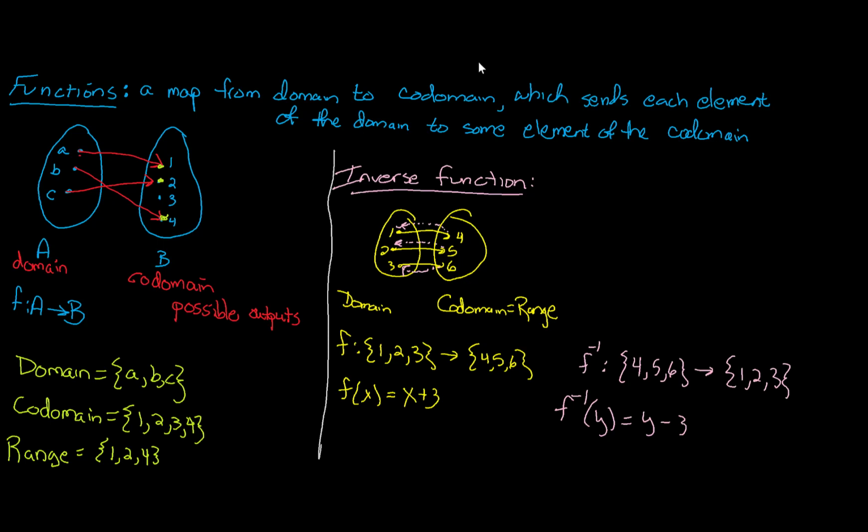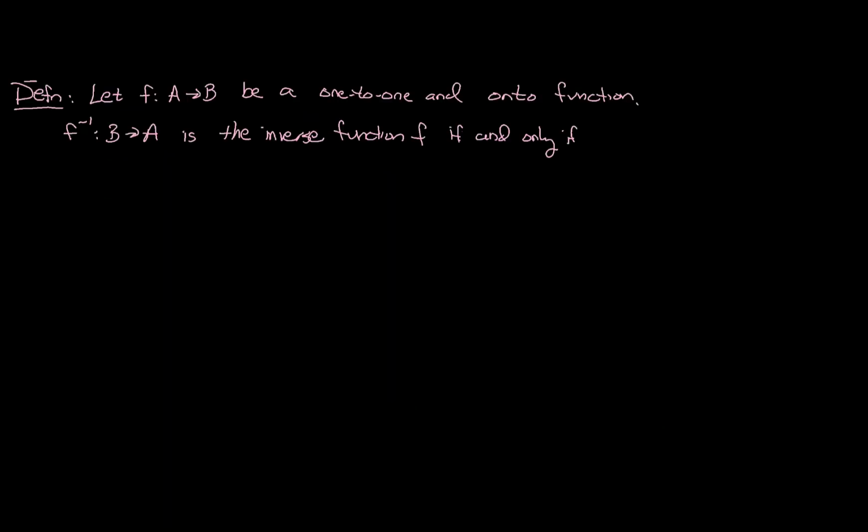I'd like to define that more formally for you. So as a definition, let f be a function from a to b, and this is going to be a one-to-one and onto function.